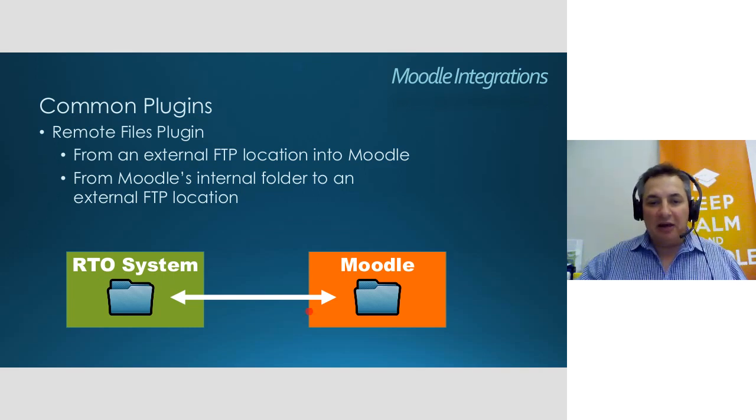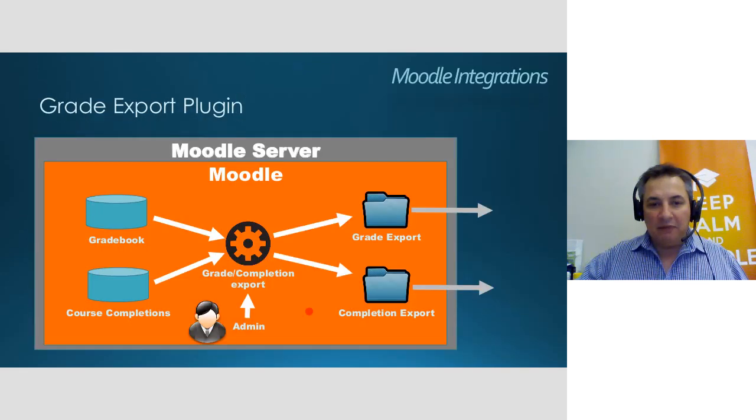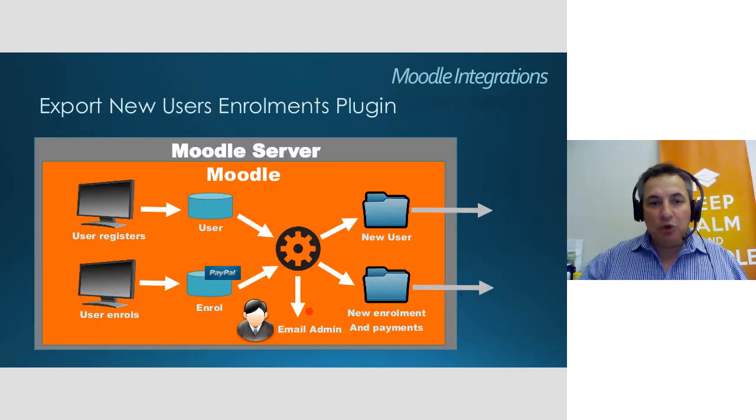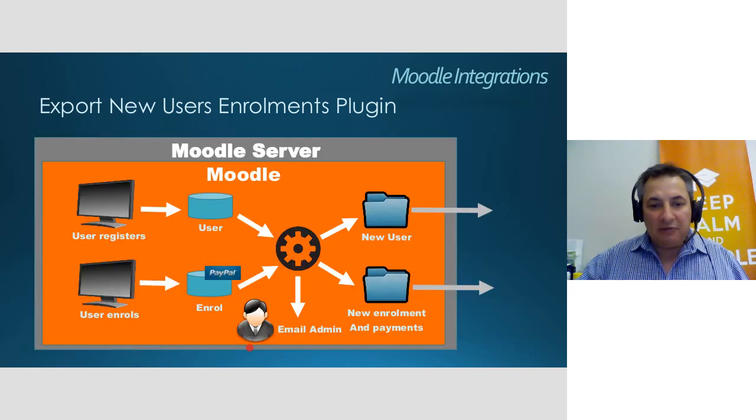What we're finding now is that there's becoming a requirement, for whatever reason, that Moodle become what they call the source of truth. So Moodle now becomes the source of truth in relation to all the information. So that way, as far as the user's experience is concerned, the user goes into Moodle, the user registers in Moodle, becomes a user record, the user then enrolls in Moodle.